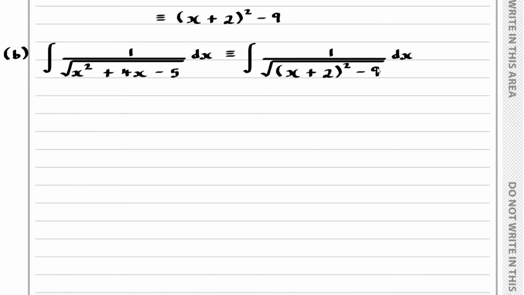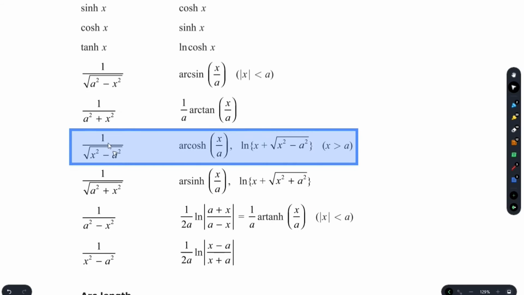Now, the 9 we can replace with 3 squared, leaving us with the integral of 1 over the square root of x plus 2 squared subtract 3 squared. Now if we go to the formula book, the integral is of the form 1 over the square root of x squared subtract a squared and the result of that is the inverse hyperbolic cosine of x over a, or the natural log of x plus the square root of x squared subtract a squared.